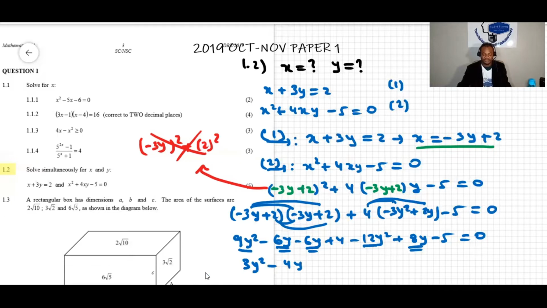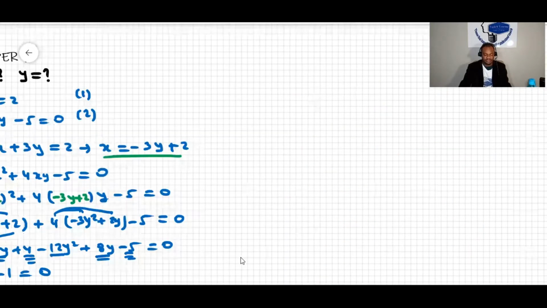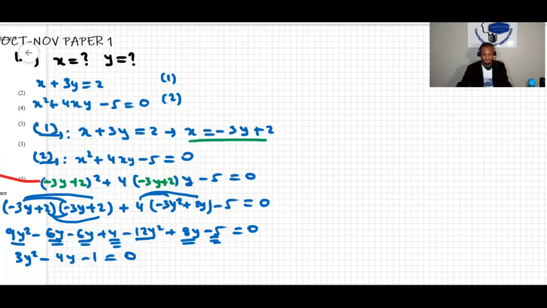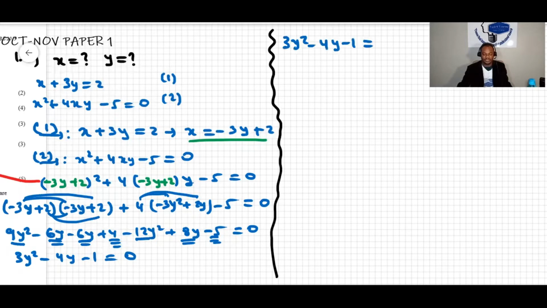The constant terms are positive 4 and negative 5, which make negative 1, and that's equal to 0. I'm going to move my board so I have some space. So we have 3y squared minus 4y minus 1 equal to 0.